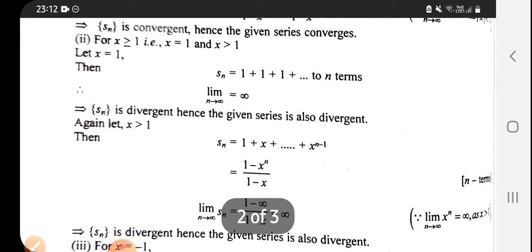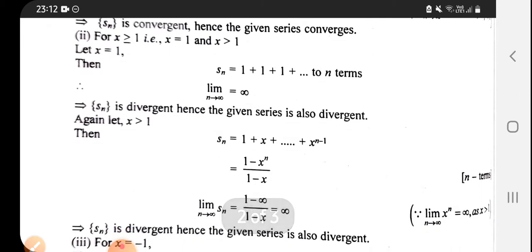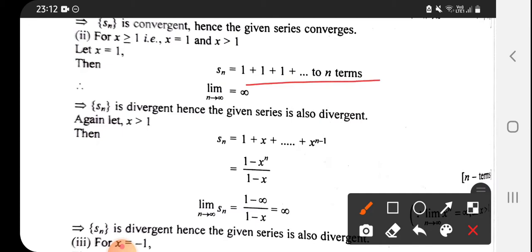Now for x greater than or equal to 1: if x is 1, this sum becomes 1 plus 1 up to infinity, then the series is divergent.